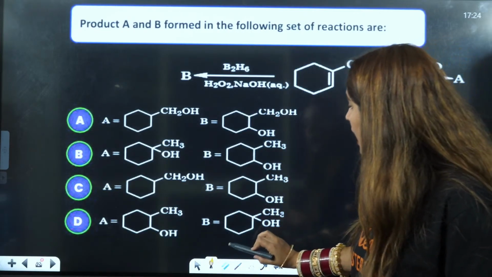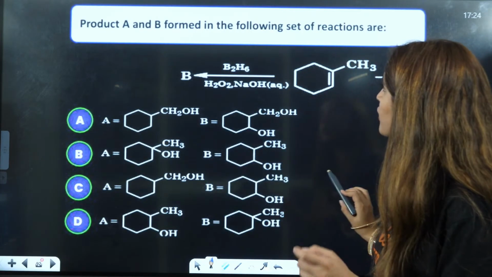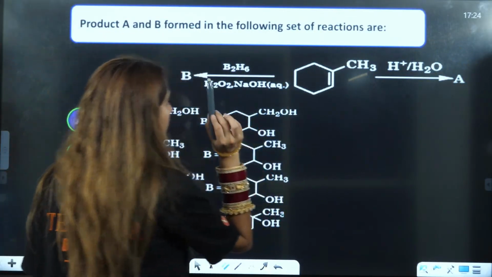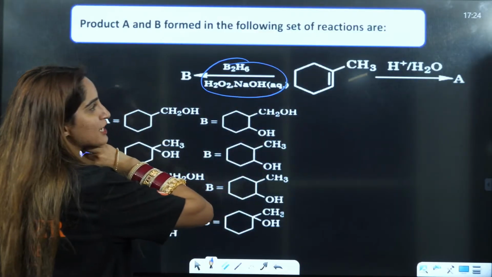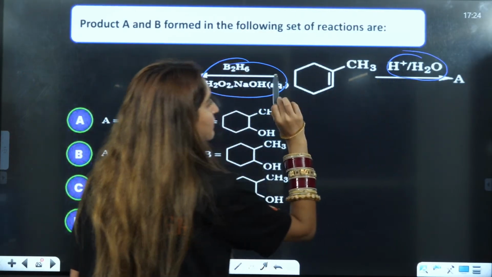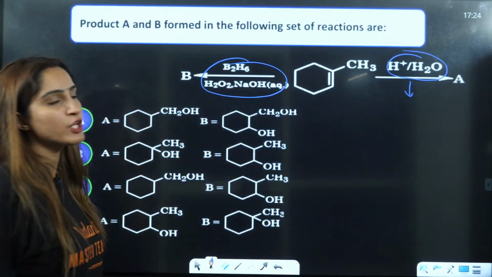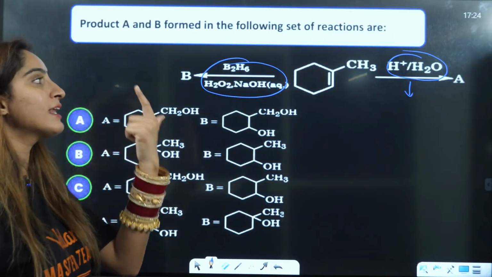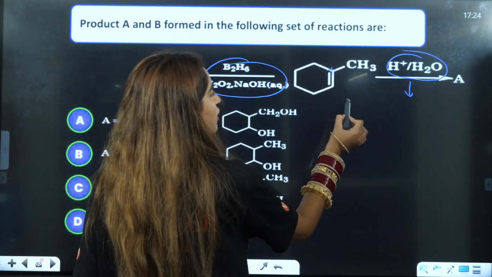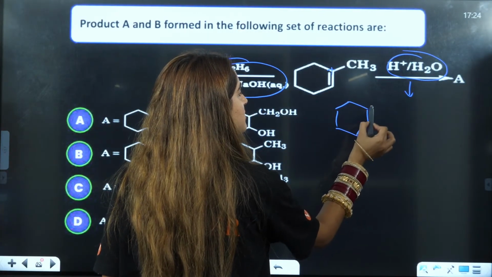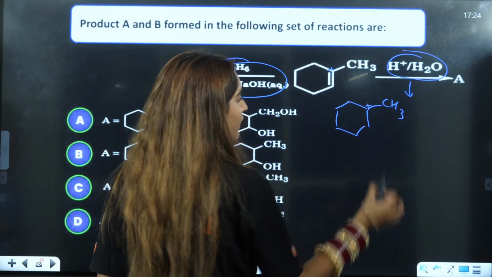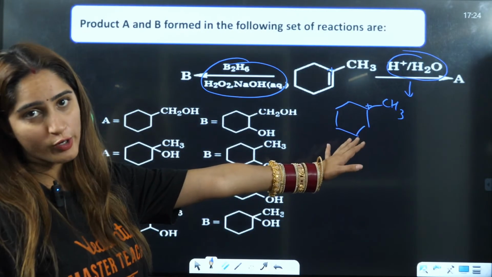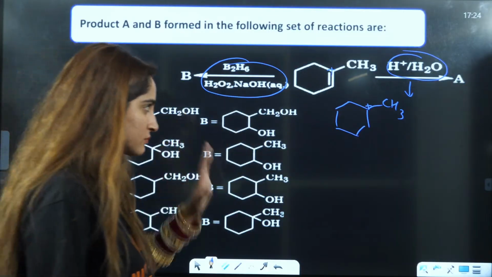Products A and B are formed. Now they are asking which of the following set of reactions. So you have a double bond here. We know that this is also adding H positive, OH negative. This is also the same. Here you can say first you will form a carbocation, a stable carbocation, then rearrangement. The stable carbocation will be this one. After this, there will be no ring expansion or contraction here because this is a stable ring, right?